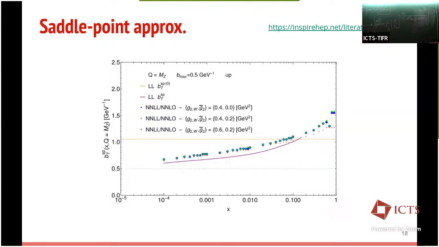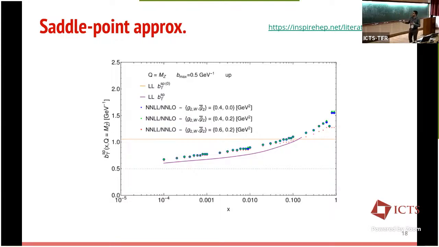If you go to small x, the saddle point lies close to the perturbative region, in the transition region. So if you go to smaller and smaller x, the saddle point decreases. It means that at small x and high Q, the TMD PDF is dominated by perturbative contributions, whereas if you increase x towards 0.1, for example, you transition to the non-perturbative region.